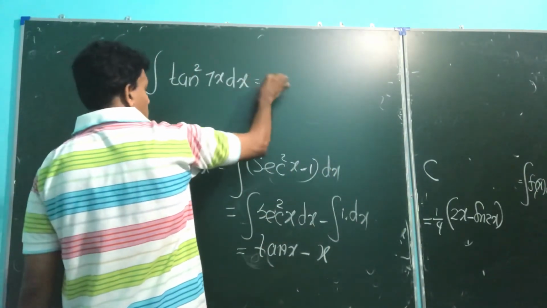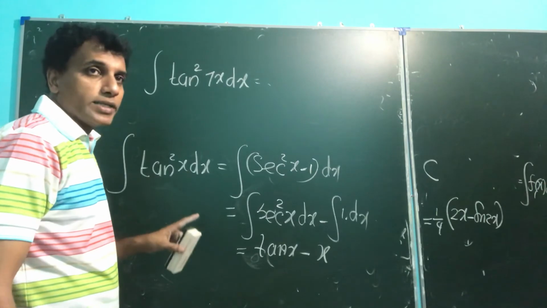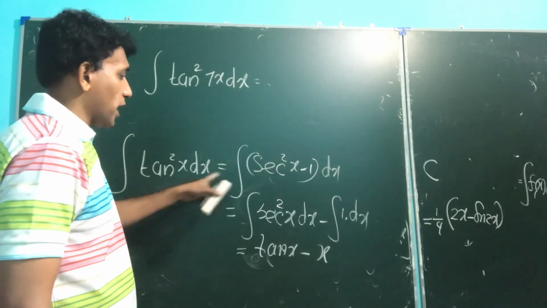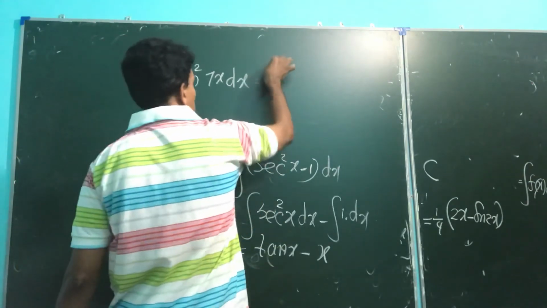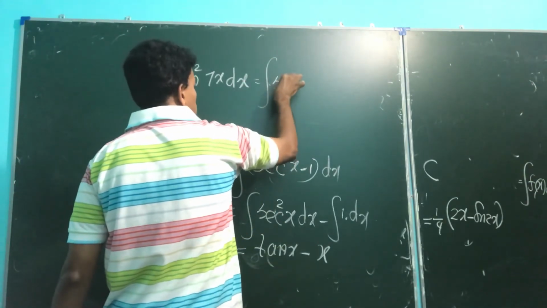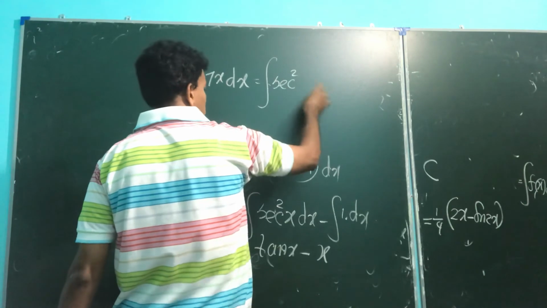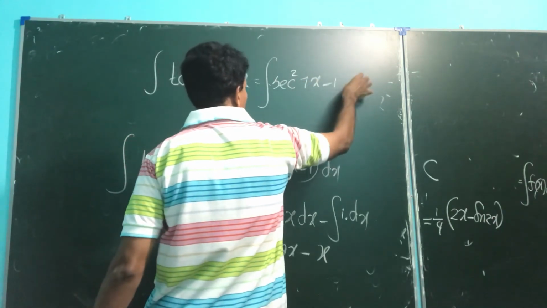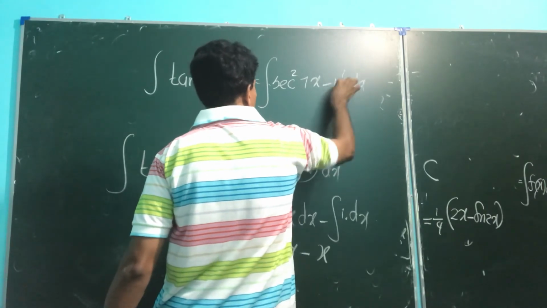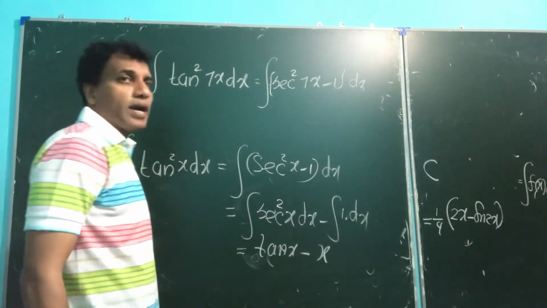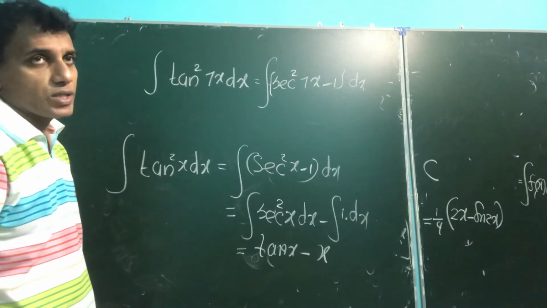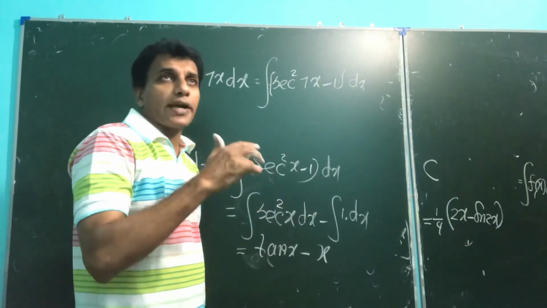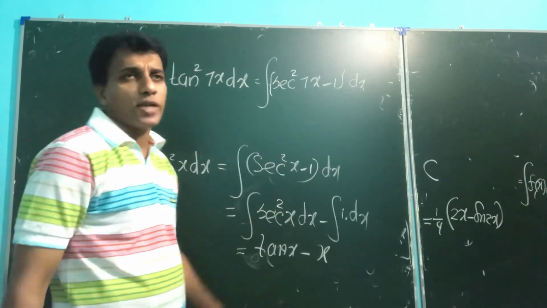How? Same: sec square theta is 1 plus tan square theta. Therefore, change to that. The answer is integral of sec square 7x minus 1, into dx. Here it's not integration, it's the trigonometry part: sec square theta is 1 plus tan square, change it.